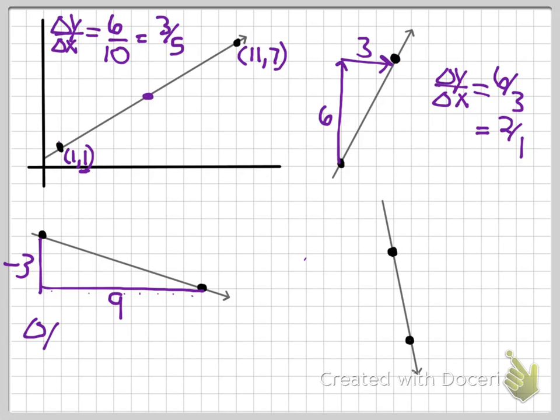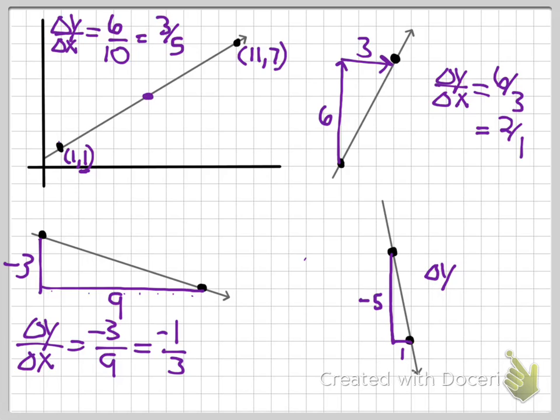So my change in y over my change in x is -3 over 9. Or for every 1 I went down, I went 3 to the right. So now we look at our last one. We go down. This one is really steep. We go down 5 over 1. So my change in y over my change in x is -5 over 1, or I go down 5 for every 1 I go to the right.